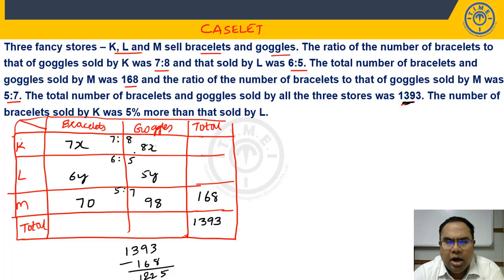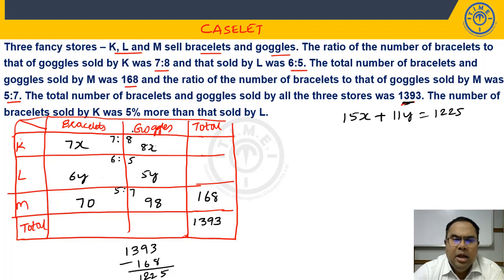Okay. Now, how will we write the equation? Bracelets and goggles in K, 7x plus 8x, 15x, plus L, bracelets and goggles, 6y plus 5y, 11y is equal to 1225. Now, we have one more piece of information.